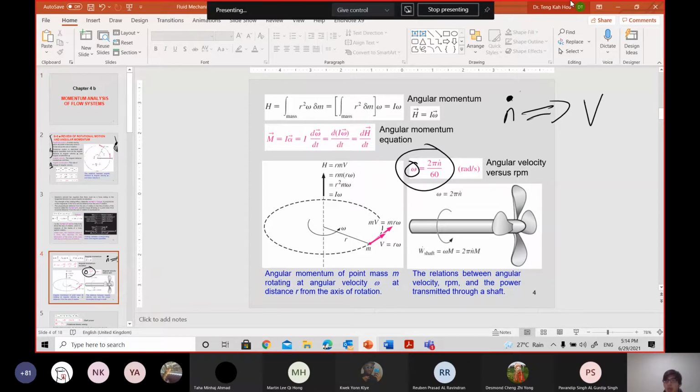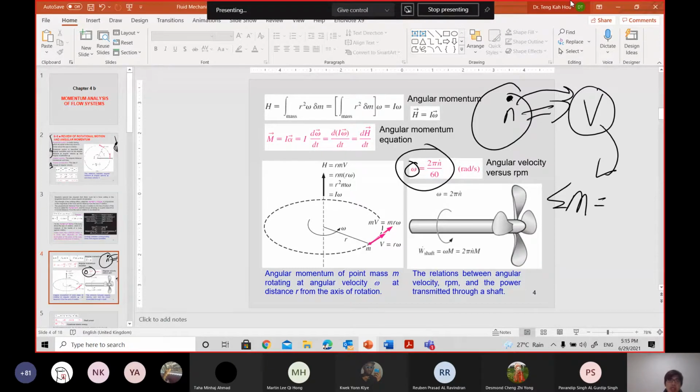The question might only give you rotations per minute or rotations per second. You should be able to link up all this information to get your velocity. Once you get your velocity, you should be able to link up to these final formulations. So this is about the tricky parts, especially for this chapter.